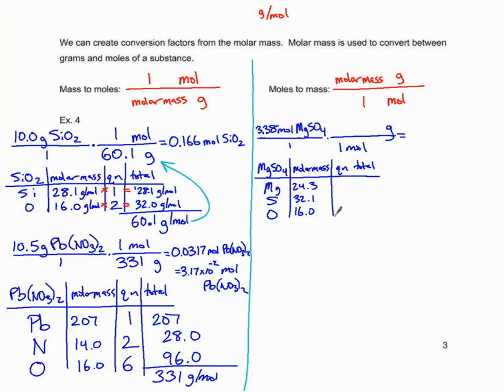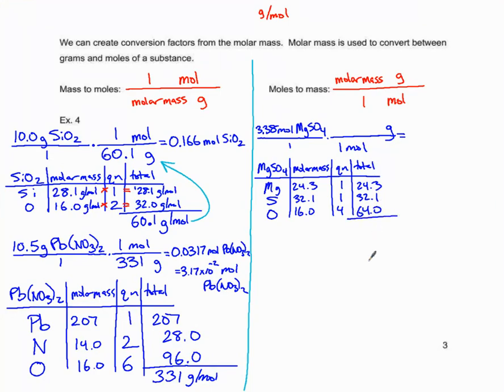For quantities, we have 1 magnesium, 1 sulfur, and 4 oxygens. So that is 64.0.